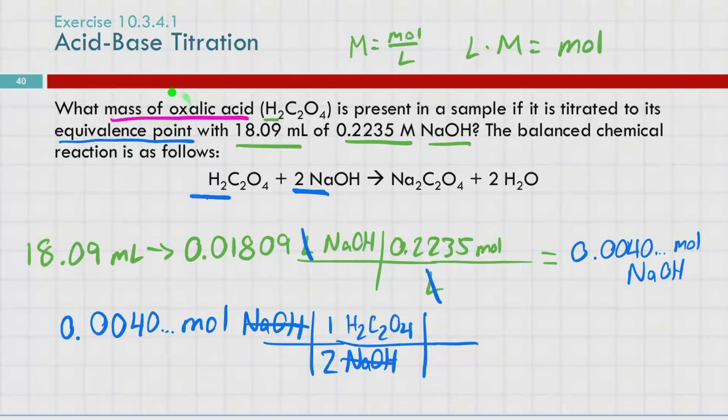Since we're trying to get to mass, we need to use the molar mass of oxalic acid, which is 90.034 grams over moles. And that'll give us the grams of oxalic acid.